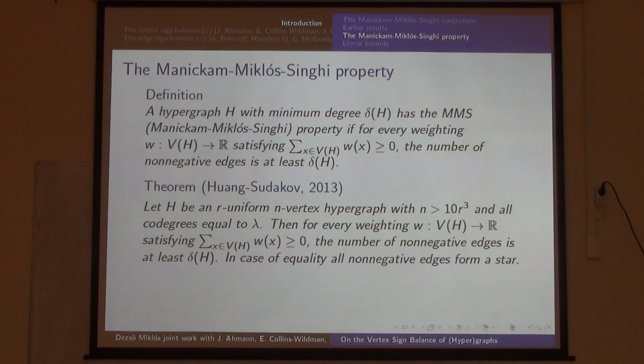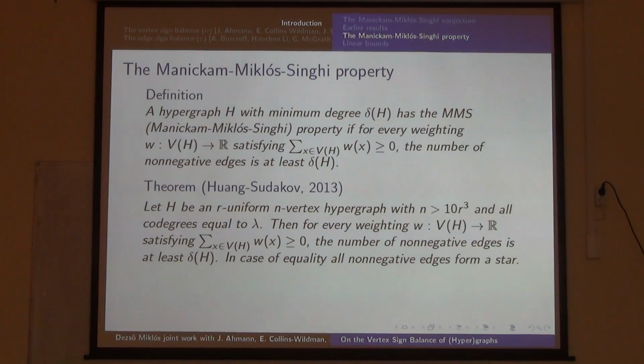But basically, the theorem was a little bit stronger than the original conjecture. They proved this property not only for the k-uniform hypergraph, but for a bunch of other hypergraphs.